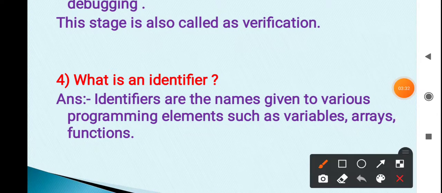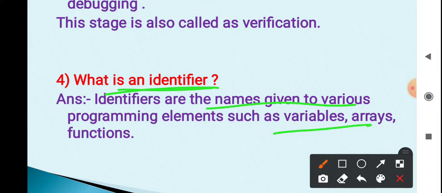what is an identifier? This question comes from the C++ chapter, the introduction to C++ chapter, the 7th chapter. Identifiers are the names given for the various programming elements such as variables, arrays and functions.